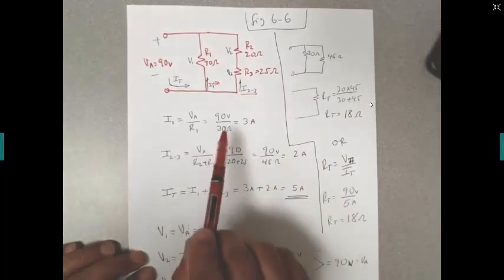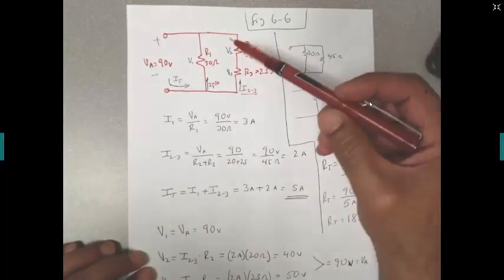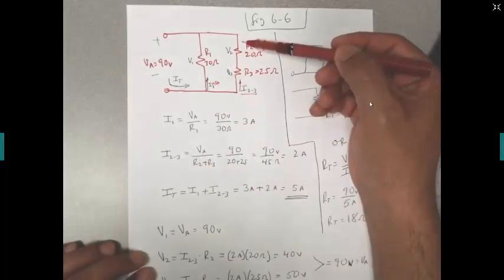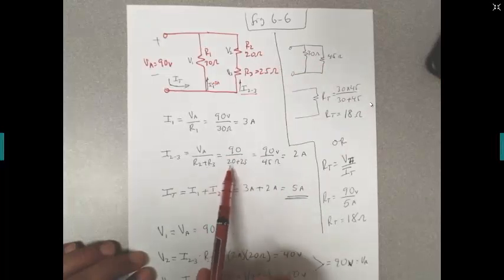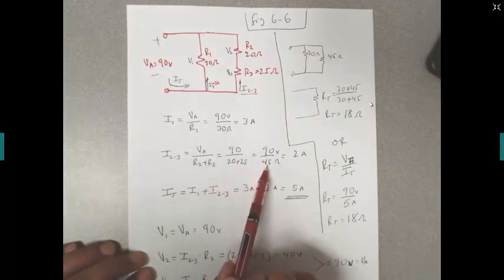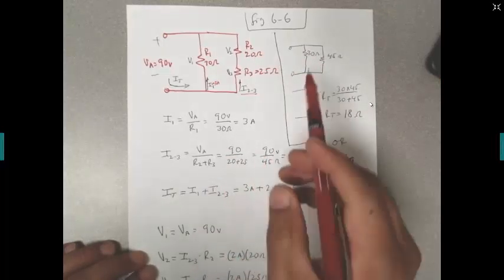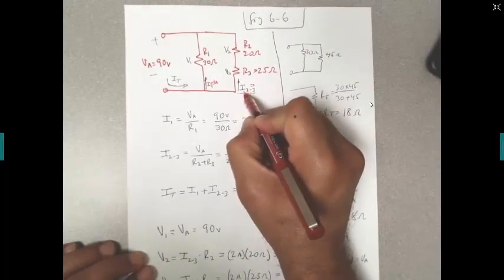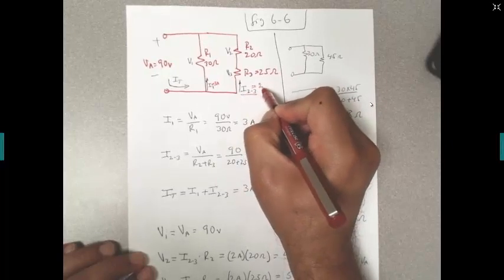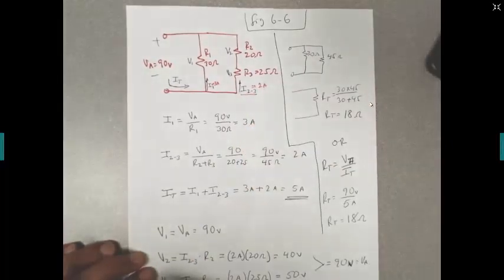So the current on this branch will be the voltage divided by the total resistance, which is 20 plus 25 equals 45. So 90 divided by 45 equals 2 amps. So this current I23 will be 2 amps. All right?